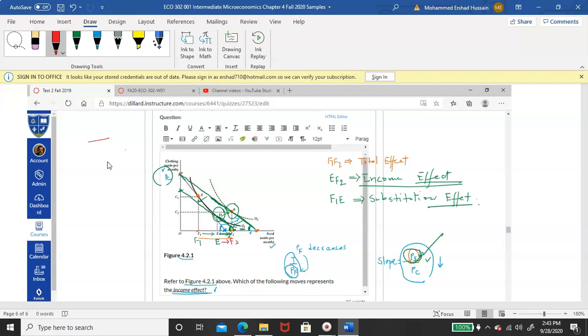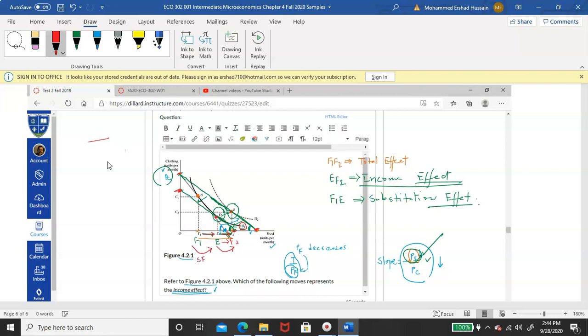So that is the substitution effect. But when we draw that parallel line, parallel to the new budget line but tangent to the old indifference curve U1, the difference between D and B tells us the income effect, and this one tells us the substitution effect.